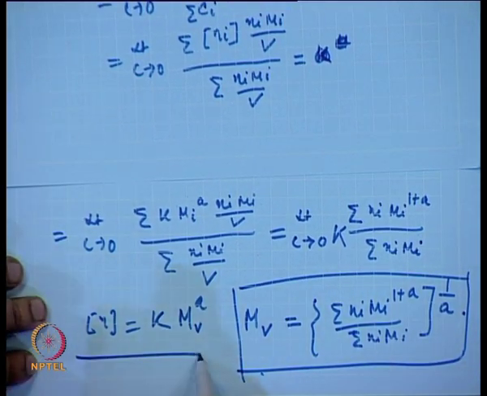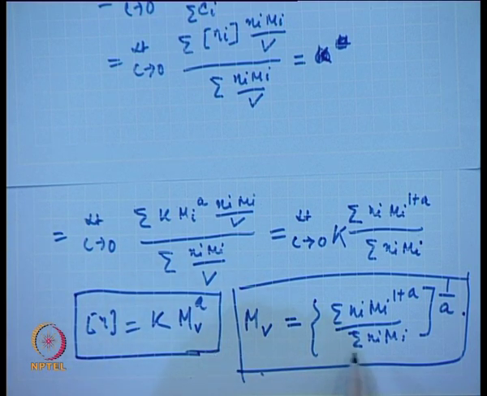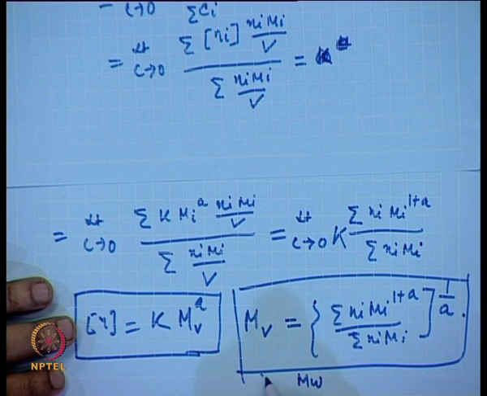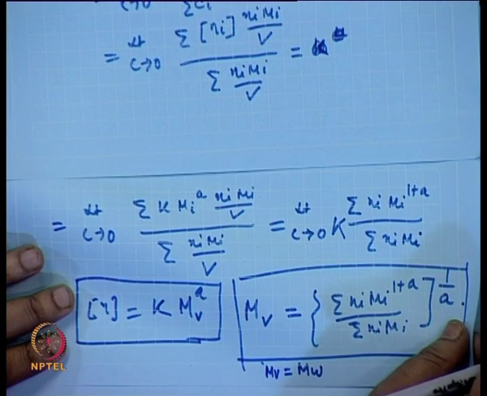In the expression of this M_v that we just found, it has this form. Okay. If a is 1, which we just discussed is for a highly elongated rod-like molecule, then M_v would be the same as M_w.